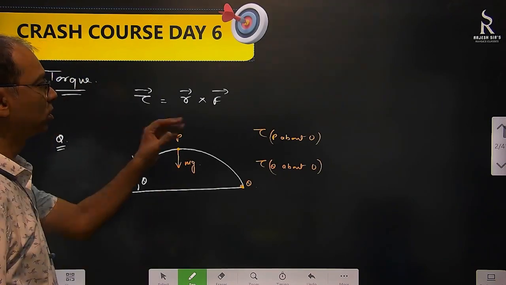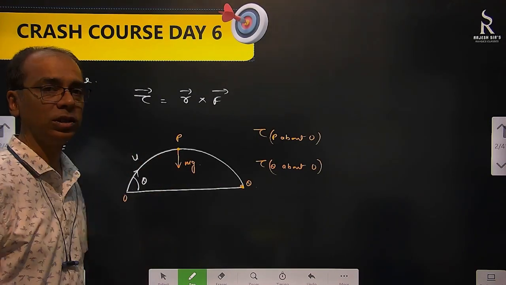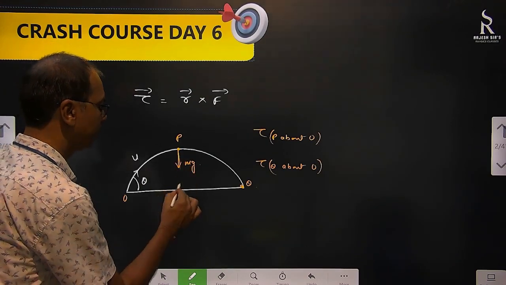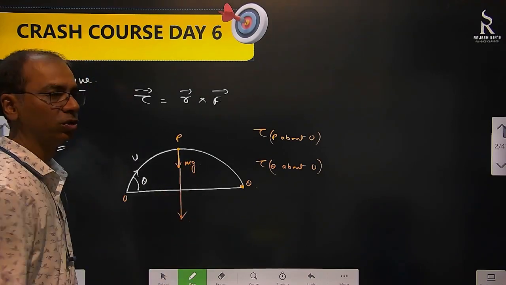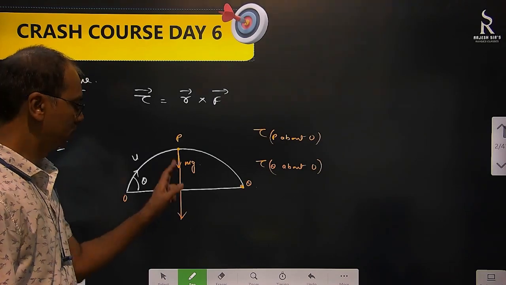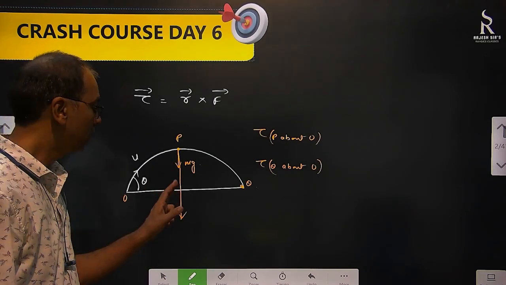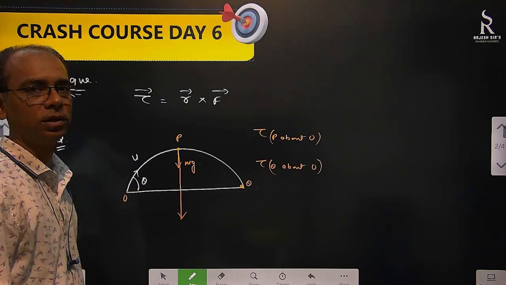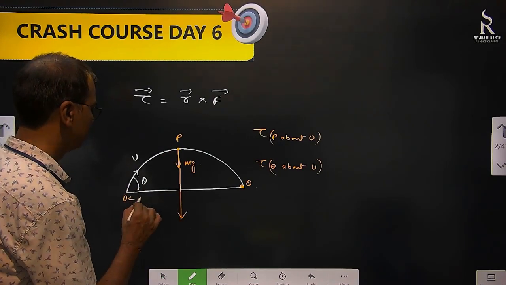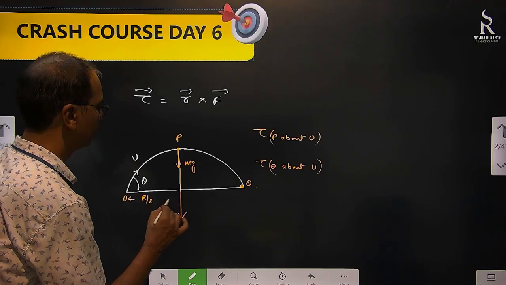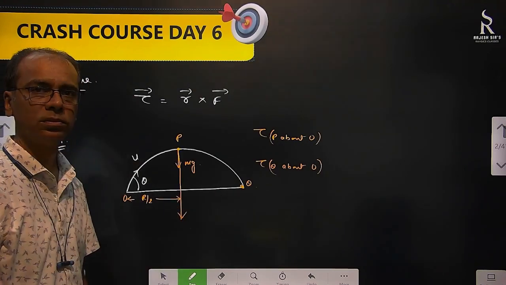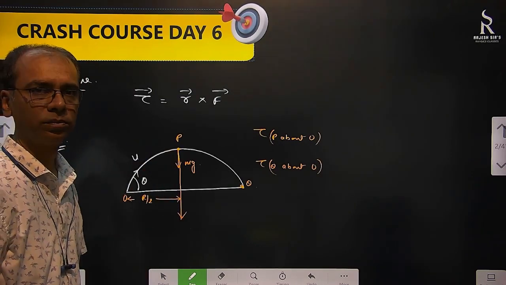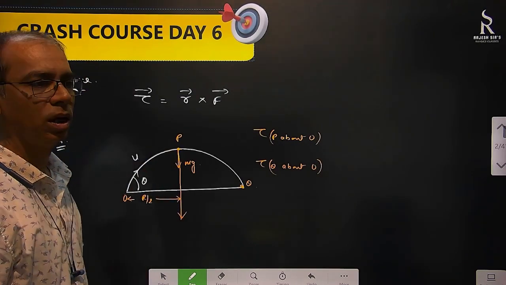Torque is R cross F, that means you should be searching for the perpendicular distance, perpendicular from the direction of force. Between this force and the point of projection, this is the perpendicular distance. How much is this? This is range by 2. The torque is mg into R by 2.